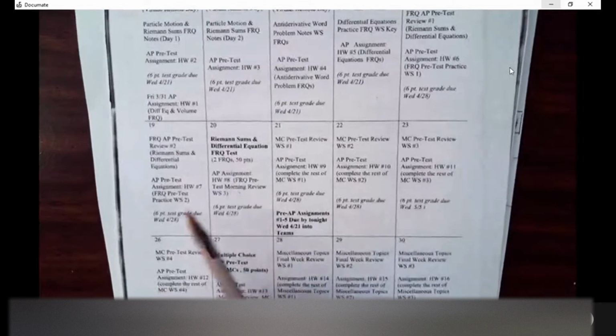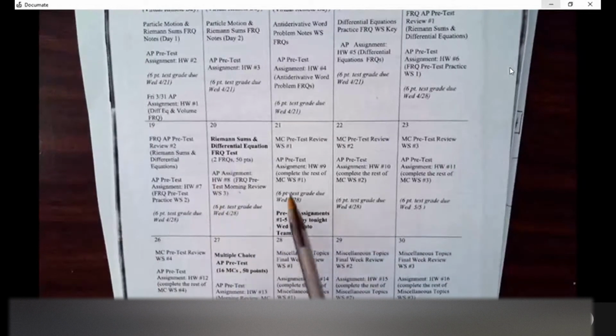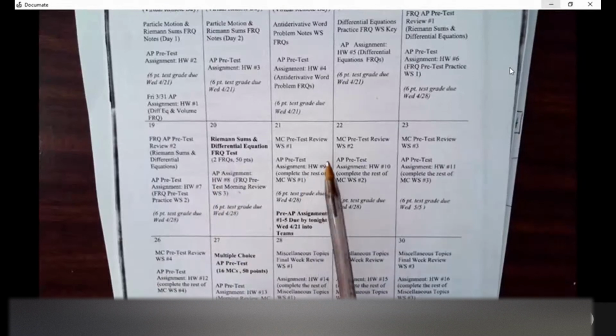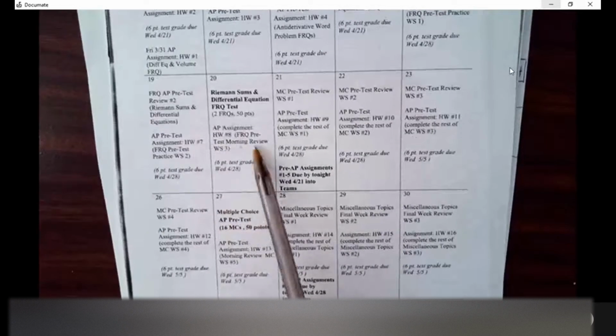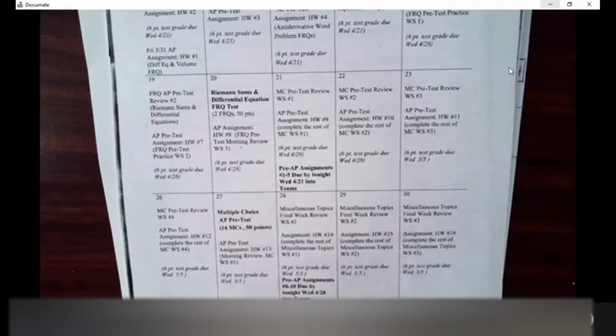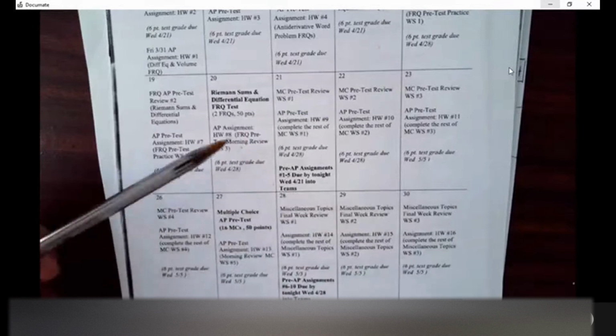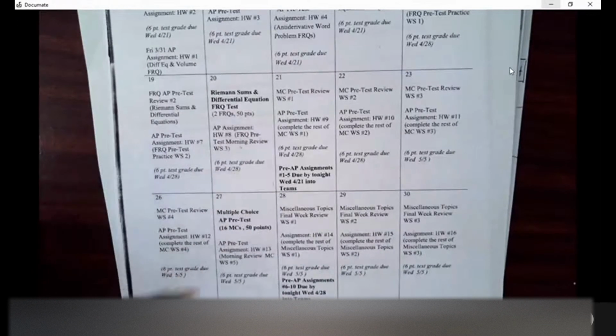Okay, so after we get done with that, then we'll move into multiple choice preparation. So we're also going to take a multiple choice test. In the past, I've done a full mock AP exam, but this is the condensed version of it because of the time and just because of the way that we're kind of spread out between face-to-face and virtual.